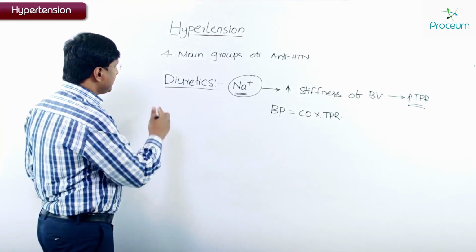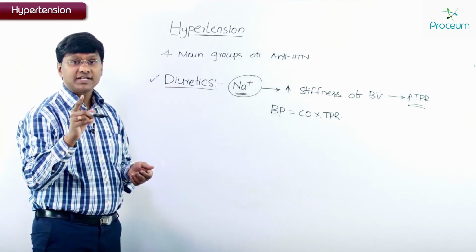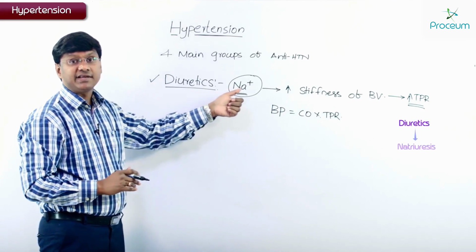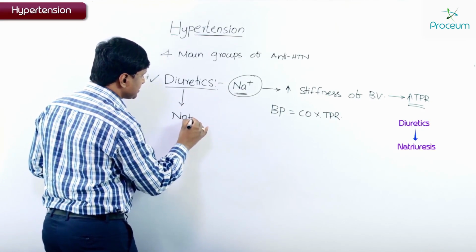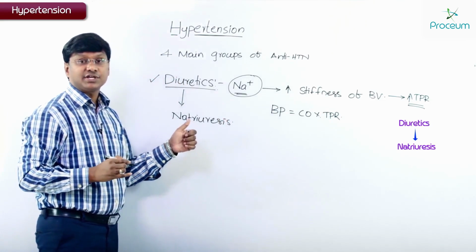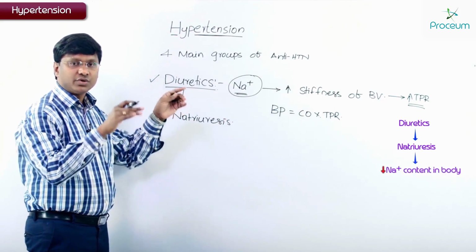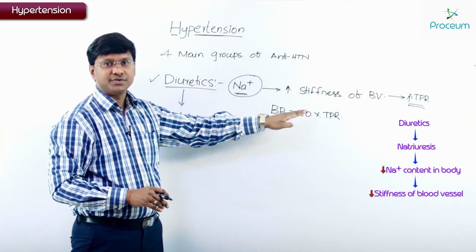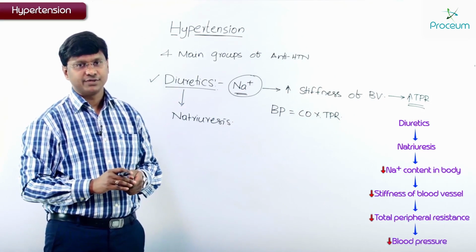Now, when you give diuretics, what do they do? Diuretics will cause natriuresis, that is, they will cause excretion of sodium. Once sodium is excreted, the sodium content in the body is reduced, thereby the stiffness of the blood vessel is reduced and the total peripheral resistance is also reduced.